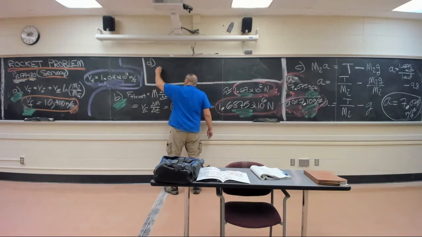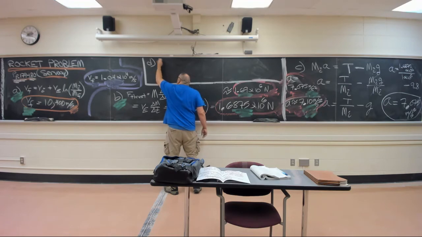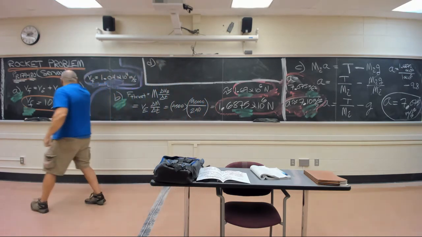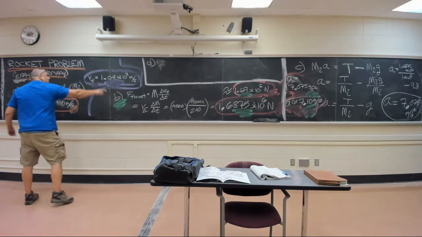Let's find V associated with G. I don't know how to do this. Let's just call it V. Let me see what I had over here. I had VF over here. So let me use the same language here, guys.